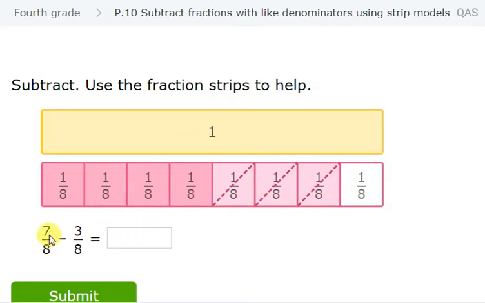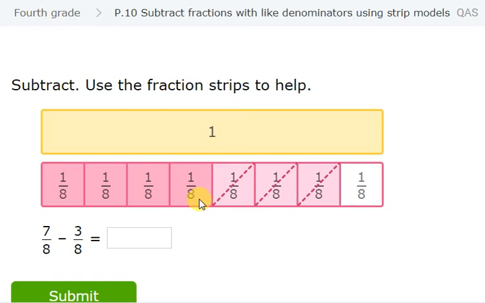The next one is 7/8 minus 3/8. So we had 1, 2, 3, 4, 5, 6, 7, 8. Why are we saying that this is 8? If we combine 8 pieces of this size, one whole is completed. That means this one part is 1/8.